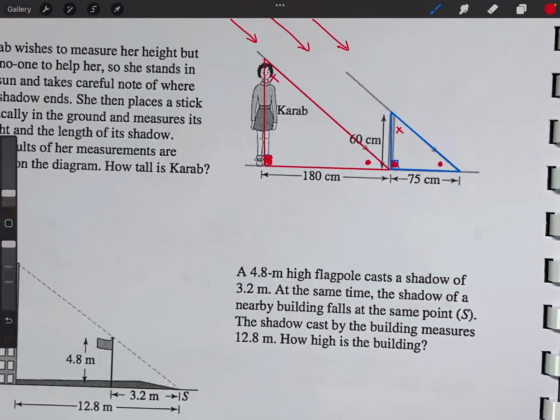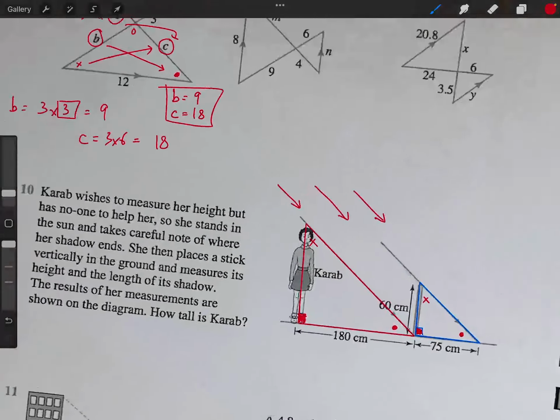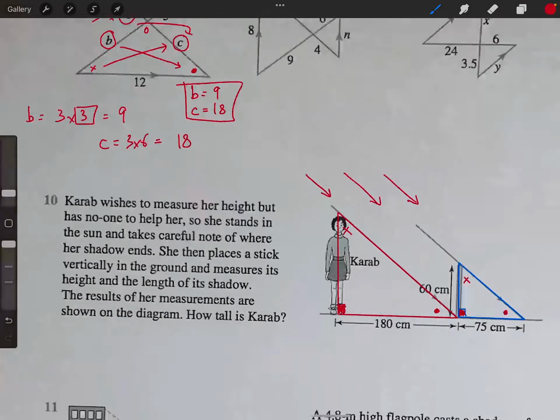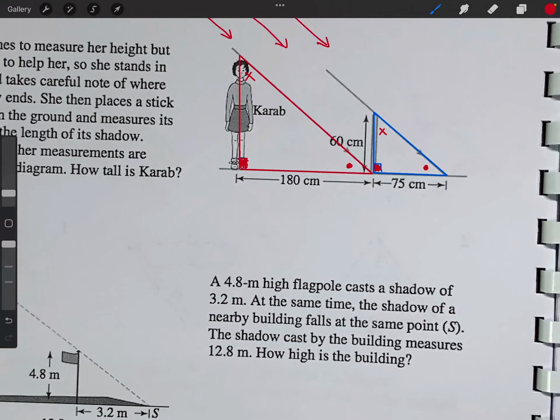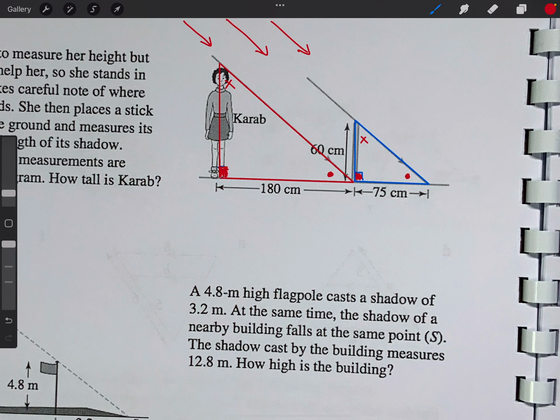Now remember I showed you two methods in question 9a. I'm going to use the first method. I'm going to say that this length here, 60 over 75, is equal to her height over, so let's call her height h.